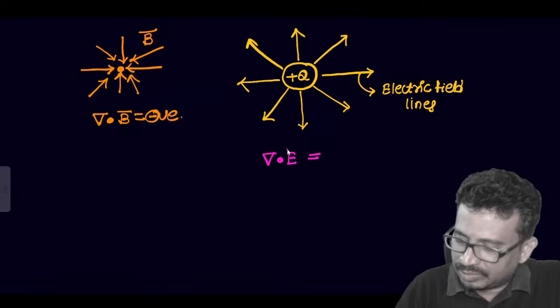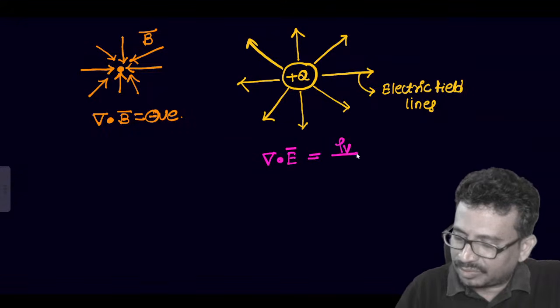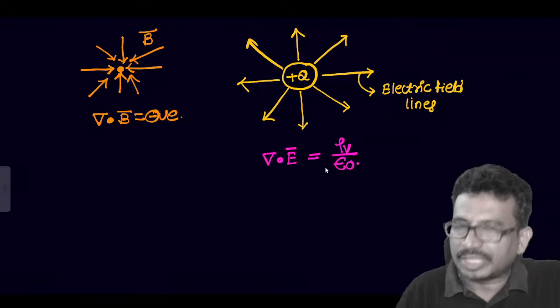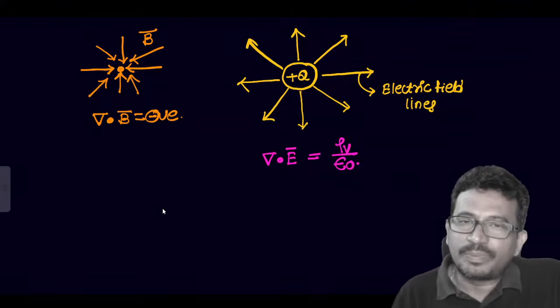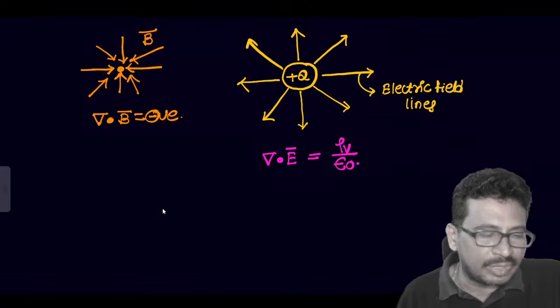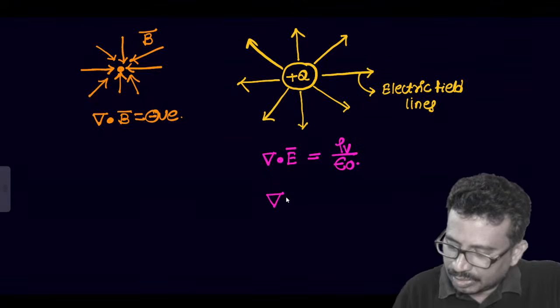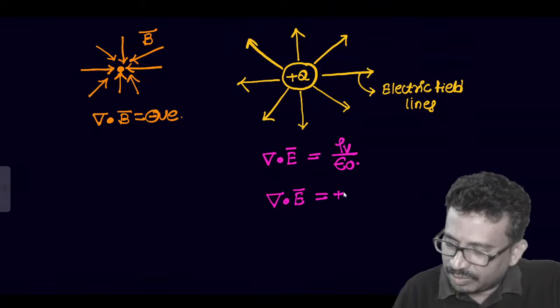That's why del dot E is equal to rho v by epsilon naught. For a positive charge, rho v is positive only. So at this location del dot E will be positive.